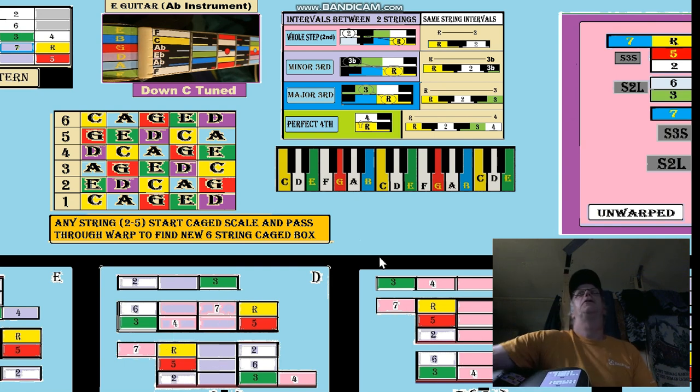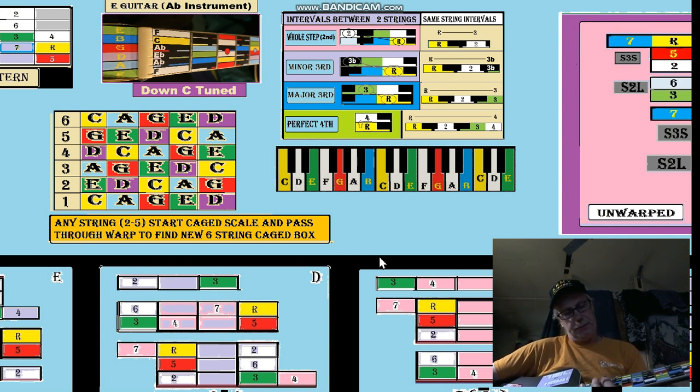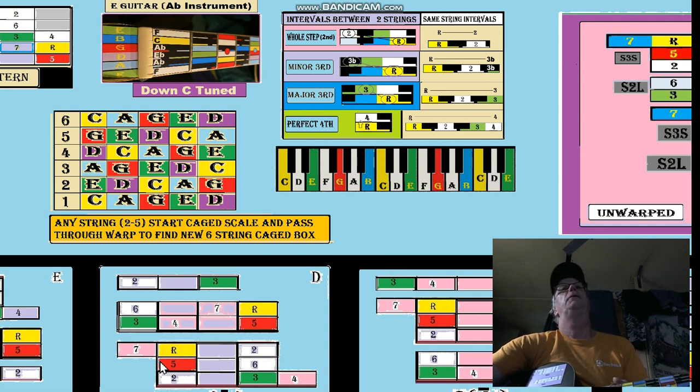Now I don't have the colors, but the colors I've worked on in the next chart we got. So that's going to be really, really nice. So starting on the 2, it would be that was this, and I added an R, imaginary R here.